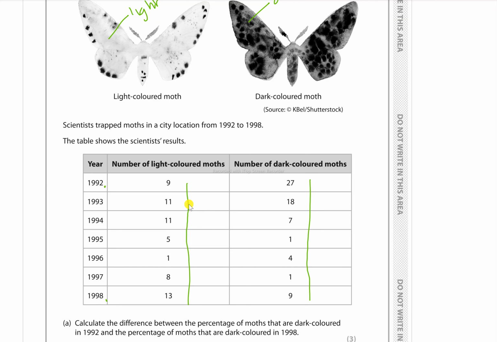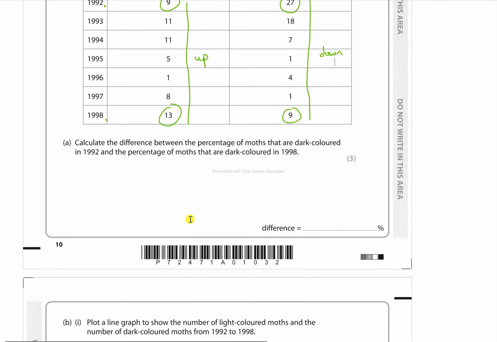So it fluctuated, but it's dropped from 27 to 9. That one's gone from 9 to 13. So this has gone up slightly overall, and this has gone down a lot. So that's the overall sort of thing that we notice straight away, yeah?